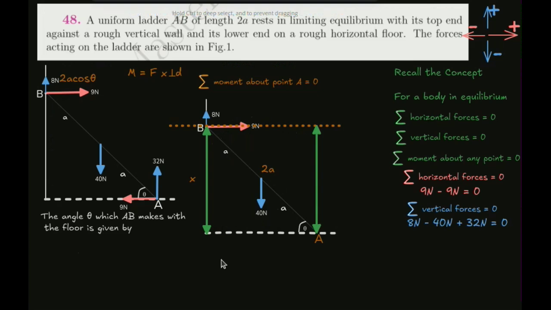So from sine theta equals opposite x all over hypotenuse 2a, we have x should be equal to 2a sine theta.